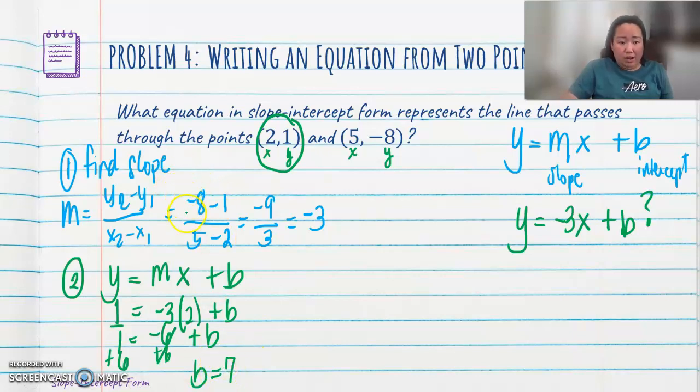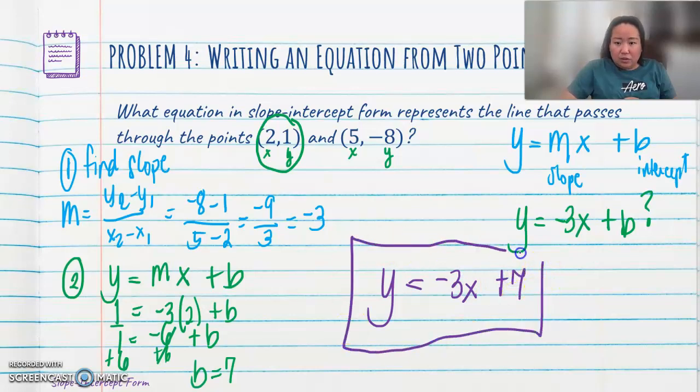So you have your m, you have your b. Can you now write your slope-intercept form? Definitely. So the slope-intercept form of the line that will pass through (2, 1) and (5, -8) will be y = -3x plus 7. Okay, so that is our equation.